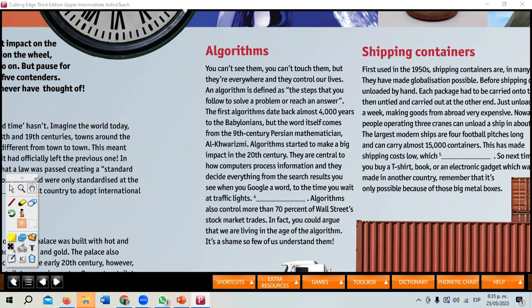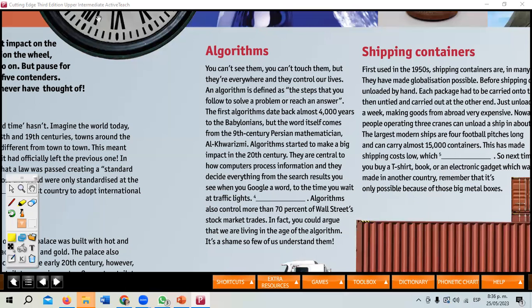The first algorithms date back almost 4,000 years to the Babylonians, but the word itself comes from the 9th century Persian mathematician Al-Khwarizmi.